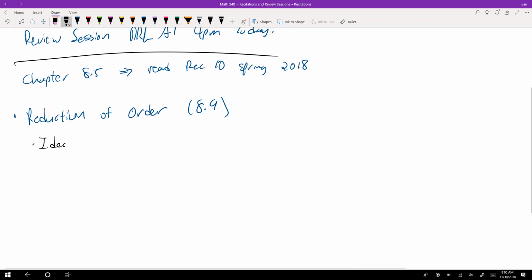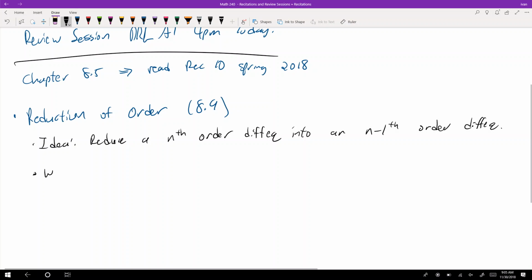With reduction of order, we reduce a second order differential equation or an nth order differential equation into an n-1th order diffeq. So usually, we've been dealing with second order differential equations pretty much this entire class. We would reduce a second order into a first order diffeq. Okay, so that's the idea.